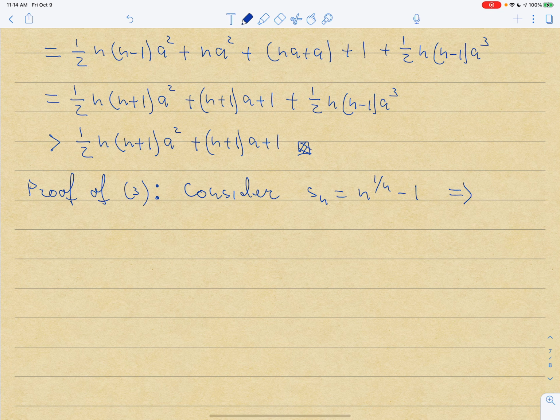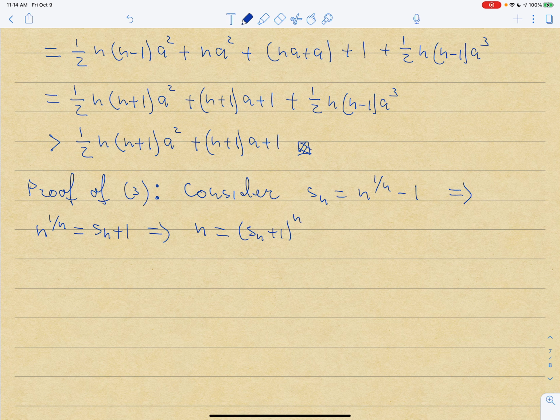Then I can solve this for n. So n to the power 1 over n should be S_n plus 1. And therefore, taking the nth power of both sides, (n to the power 1 over n) to the power n, that's n, should be equal to (S_n plus 1) to the power n.